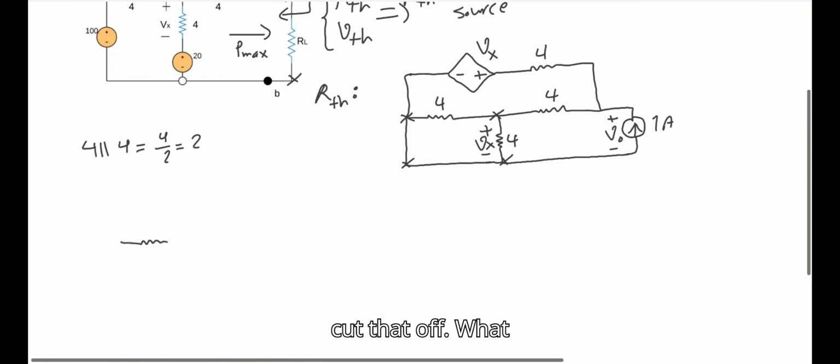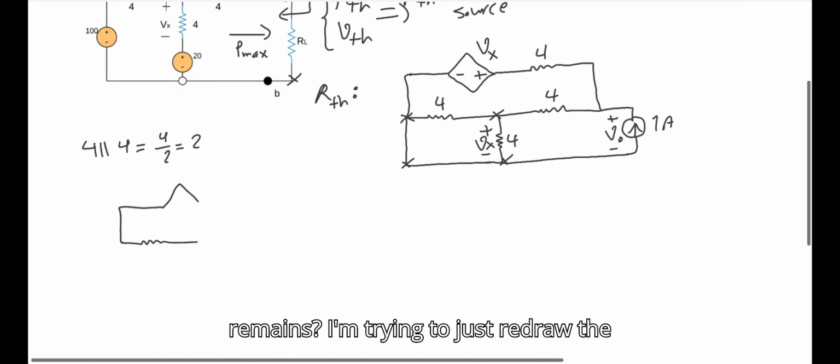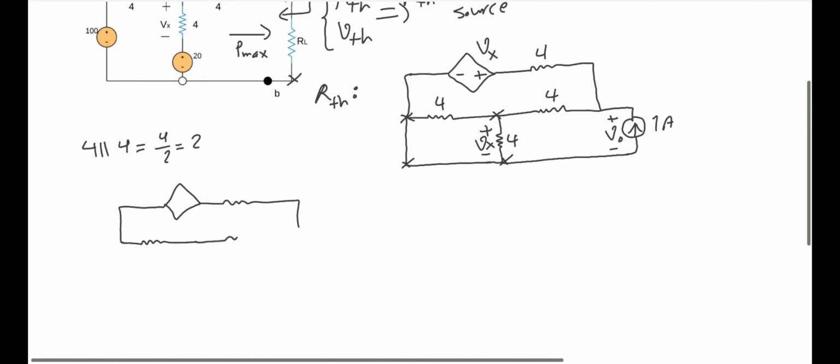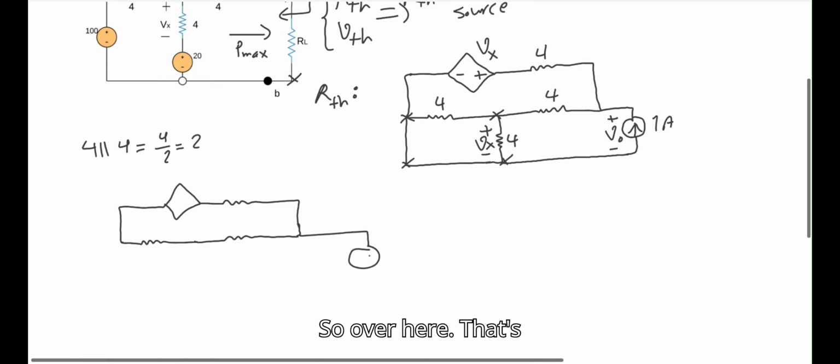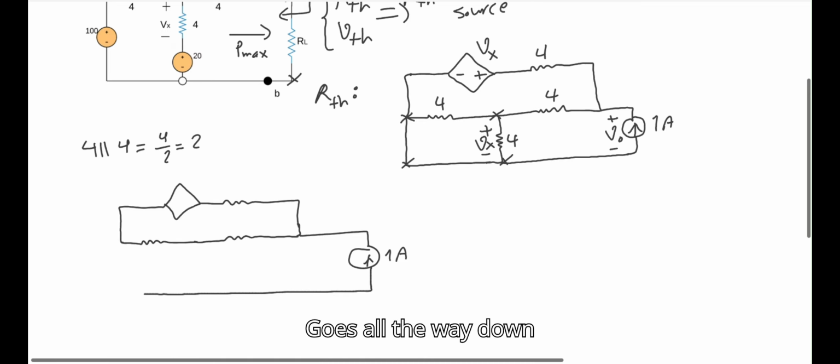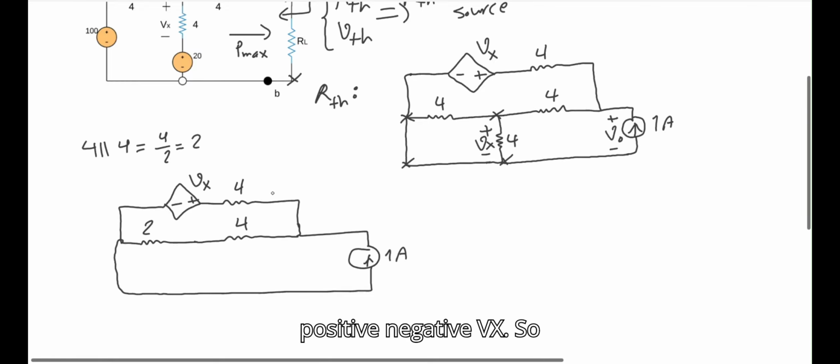If I cut that off, what remains, I'm trying to just redraw the circuit. So over here, that's the test source. It goes all the way down, connected to here. So this one is 2 ohms now. This is the equivalent of these 2 4s, and then another 4 ohm, 4 ohm, positive, negative, Vx.